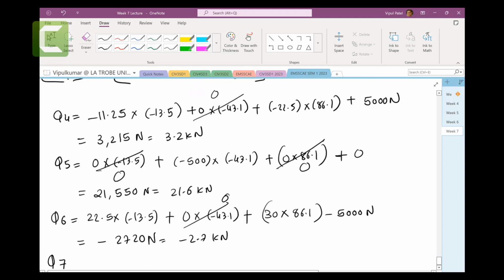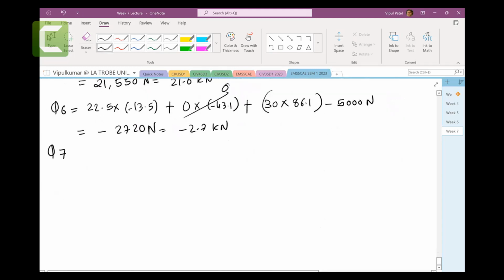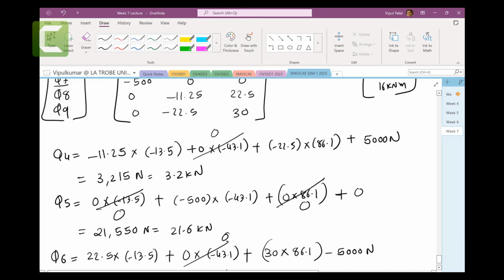Q7 here. Or we have Q7, which is 5,000. Sorry, 500.